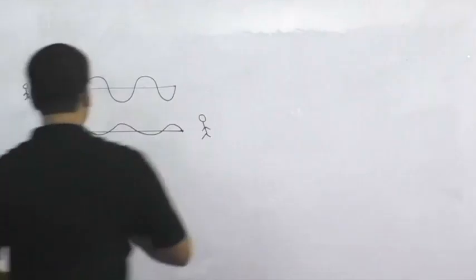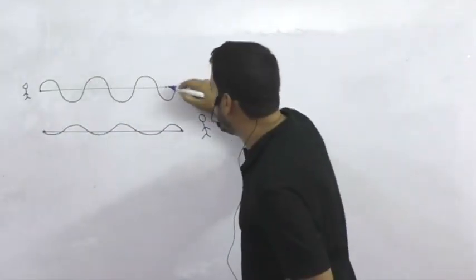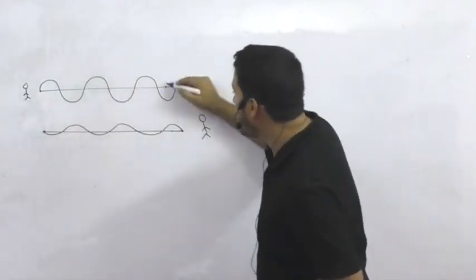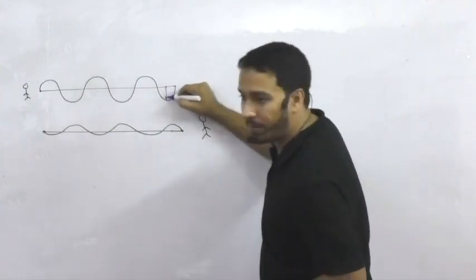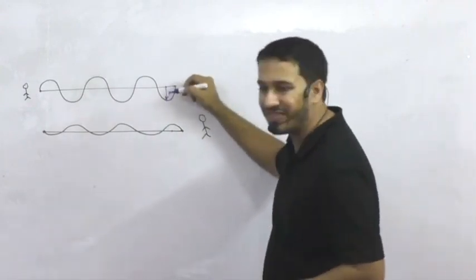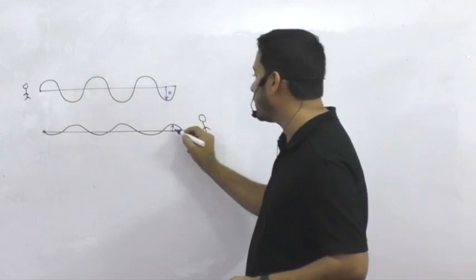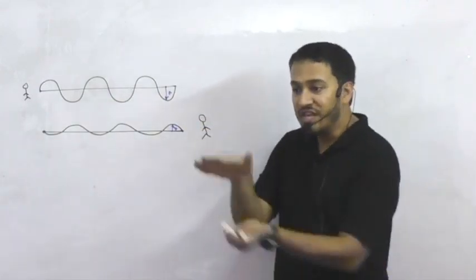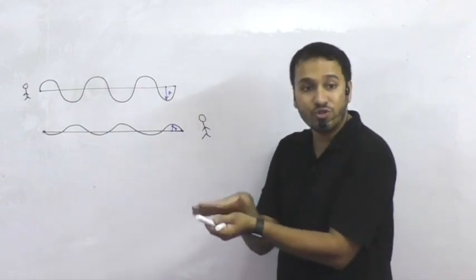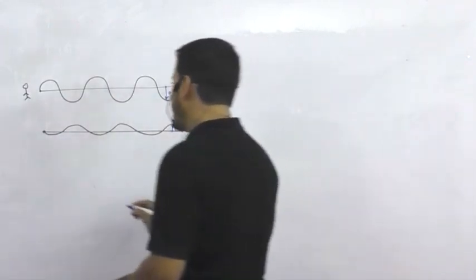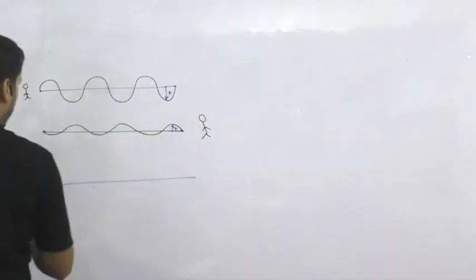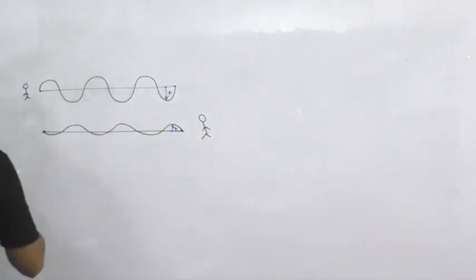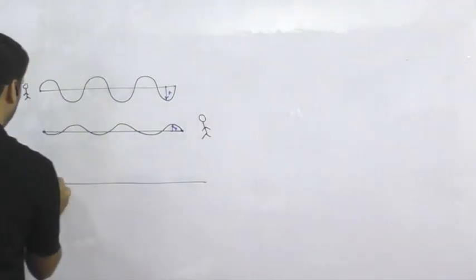Now, let's consider a point on this string. When this boy is trying to take this point on the string A length down, this other boy is trying to take it by a B length in what direction? Up. So when these two waves superimpose, you will end up with a waveform which looks something like this.